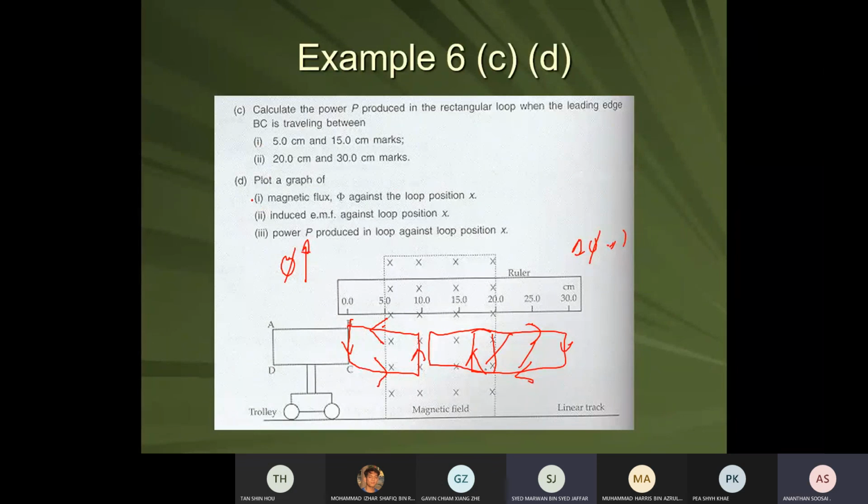D. Plot a graph, magnetic flux against the loop position x. Now we're going to plot the flux graph, flux versus position x. How the flux is changing. From 0 to 5, flux is 0. 5 to 15, flux rises. 15 to 20, flux becomes constant. 20 to 30, flux drops back, right?